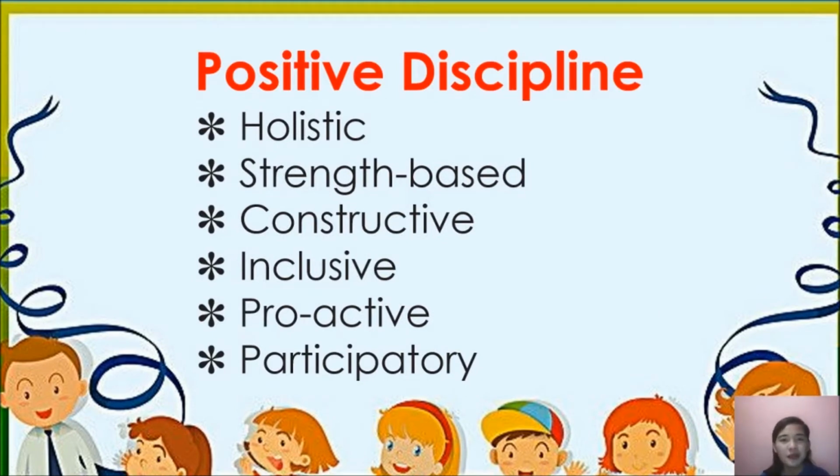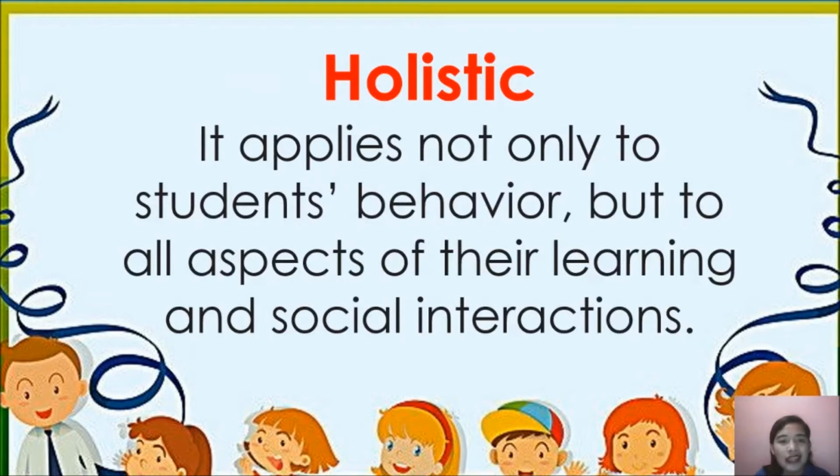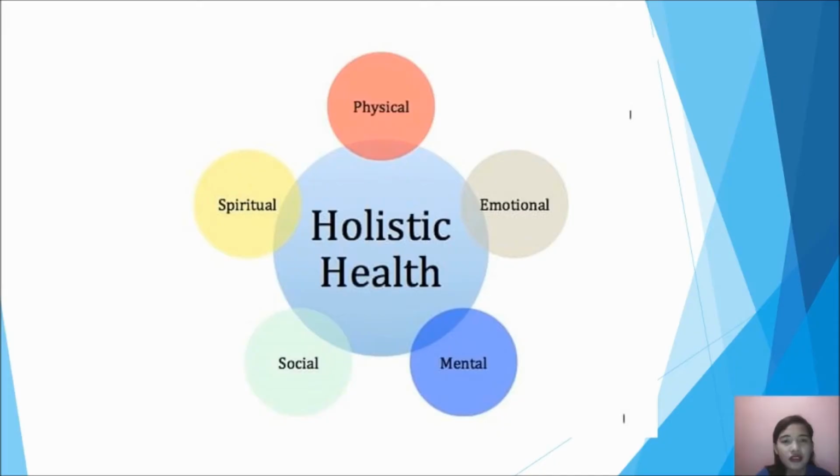In the positive discipline approach, we have different principles such as holistic, strength-based, constructive, inclusive, proactive, and participatory. We are going to explain these different principles. Let's start with holistic. It applies not only to students' behavior, but to all aspects of their learning and social interactions.